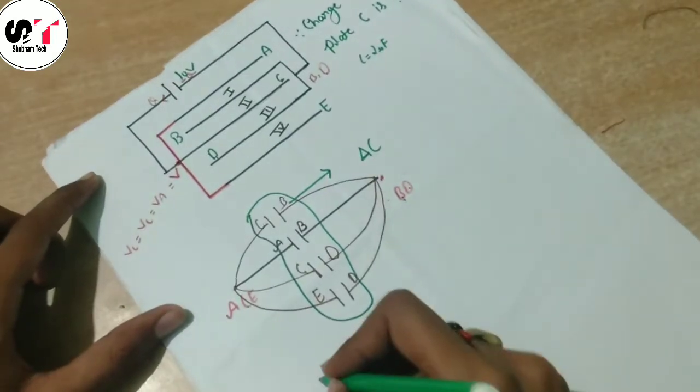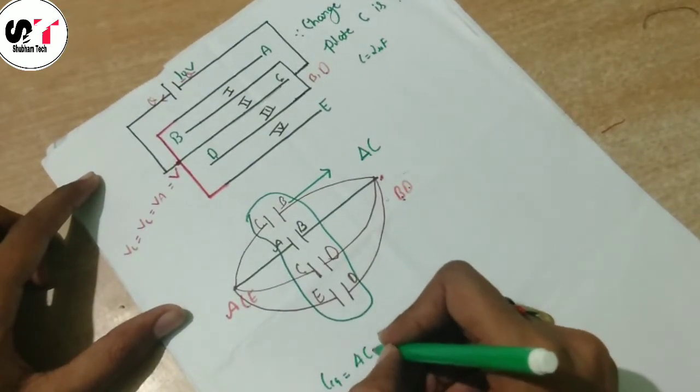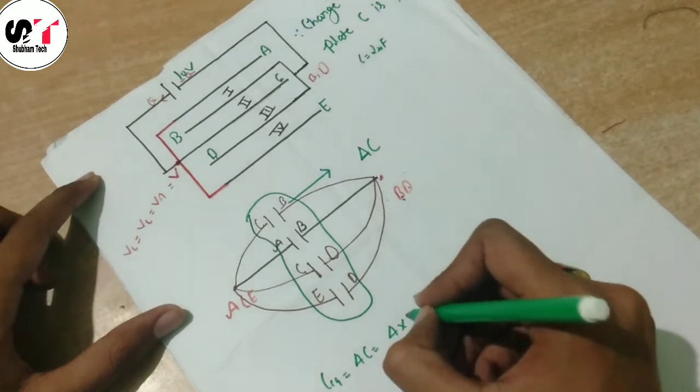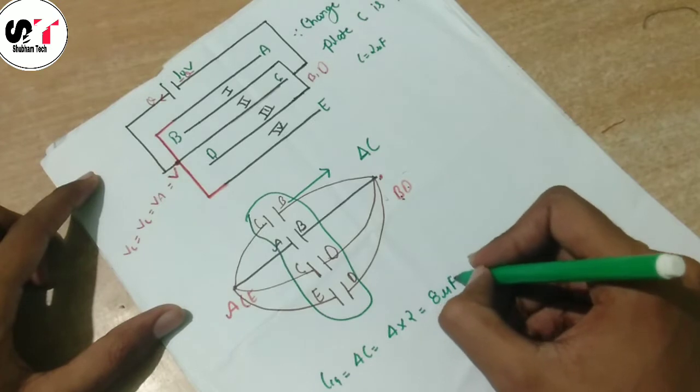So C equivalent equal to 4C, means 4 into 2, we get 8 microfarad.